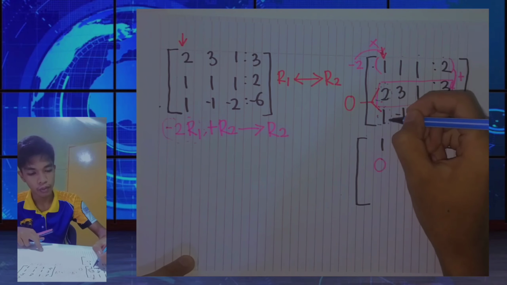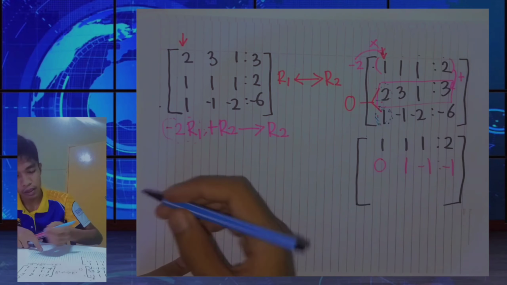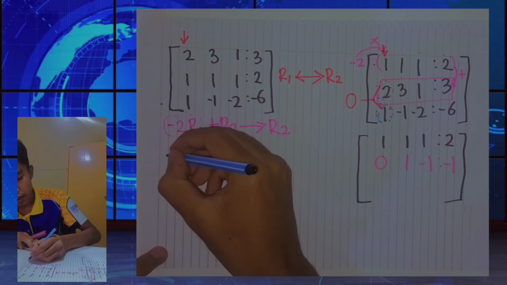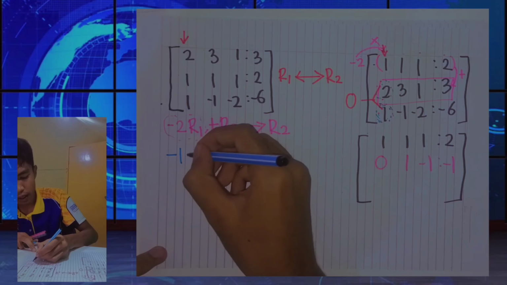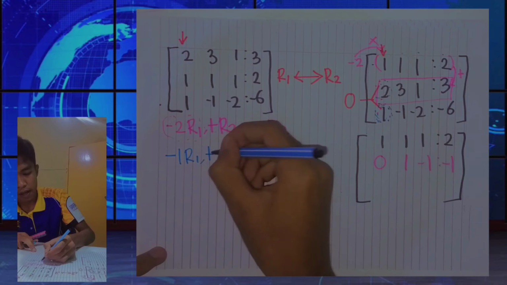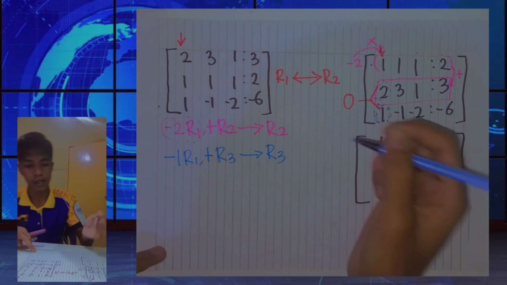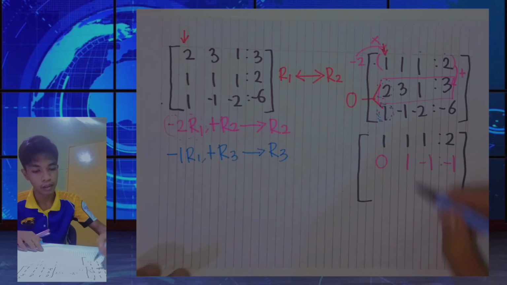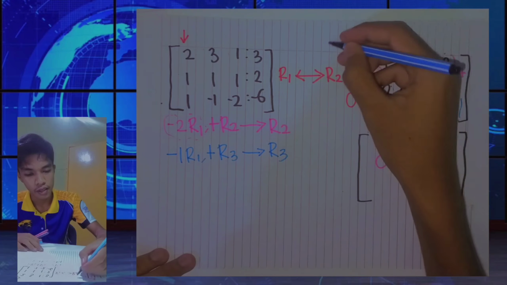So we need to move on to make this become 0. What operation we need is to multiply the first row with -1 and then plus row number 3 and put the answer in row number 3. So I'm going to execute this.